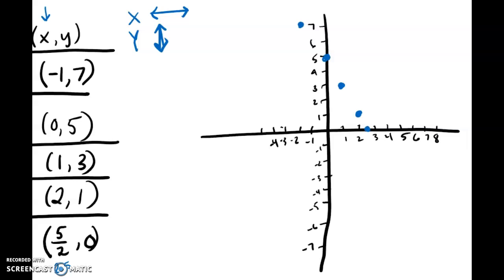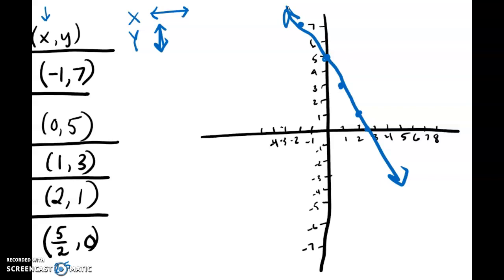And then I would connect this with a straight line. I would sketch a straight line through that, which my line's a little crooked. Let me see if I can make it a little bit better. Hard to draw on the screen. So here is my line.